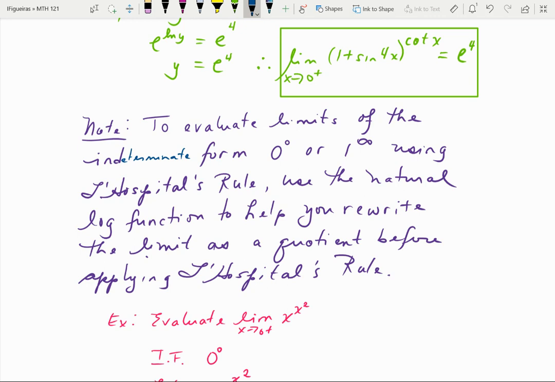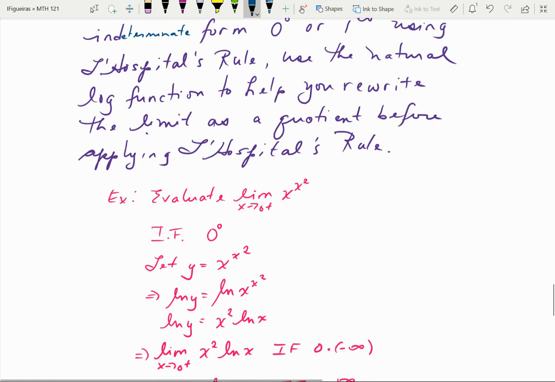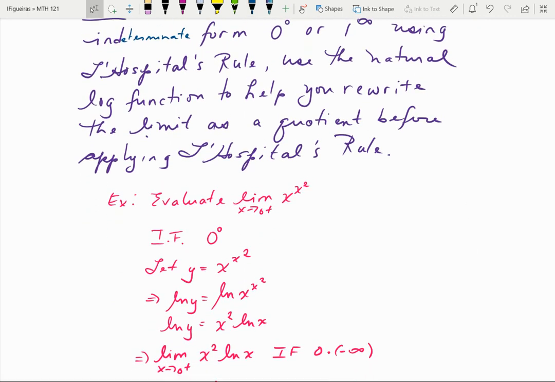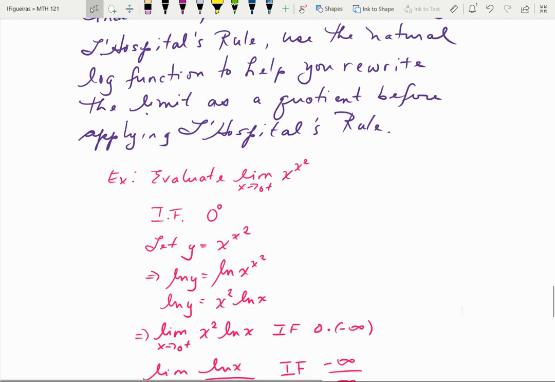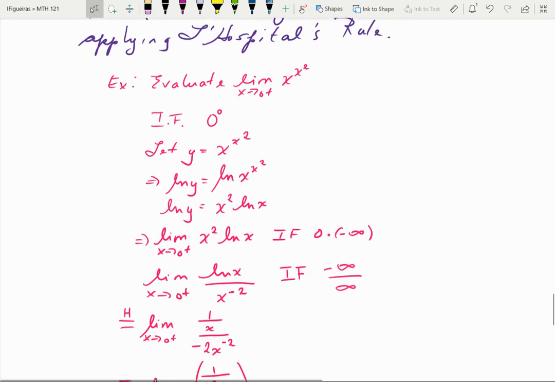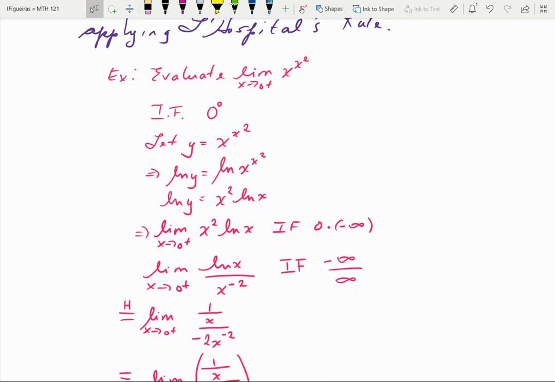So this next one is a 0 to the 0 example. We want to evaluate the limit as x approaches 0 from the right of x to the x squared. If you were to apply direct substitution, that is indeterminate form 0 to the 0. So that tells you I need to use that trick that we applied above. We're going to let y equal our limit.